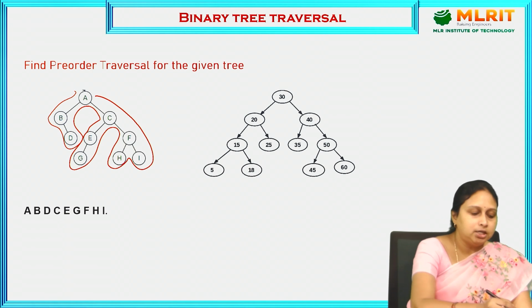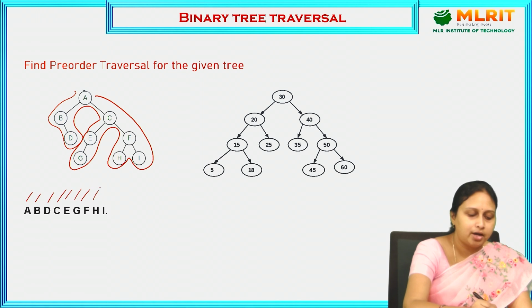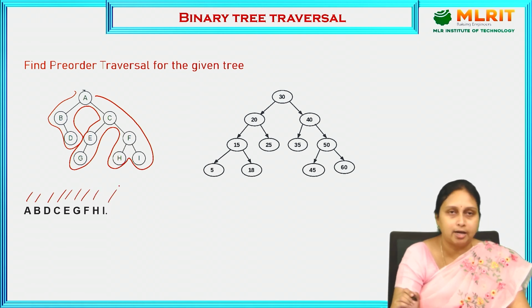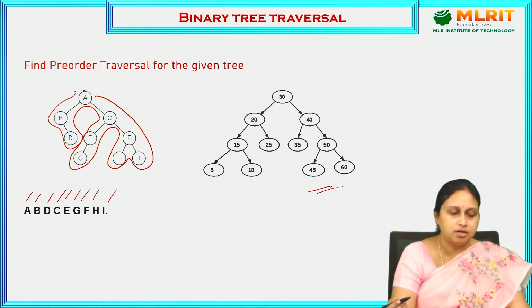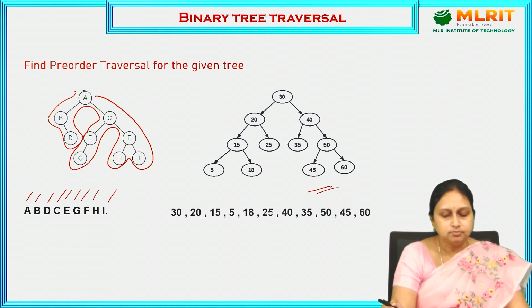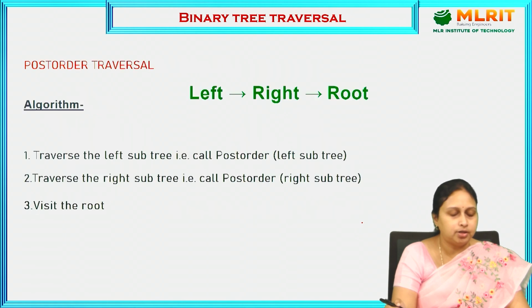A, B, D, you have visited C, E, G, F, H, I and I. Right? You can try this example in the same way of traversing. You can check after representing your pre-order traversal. You can check with the answer. This is the answer you need to get.